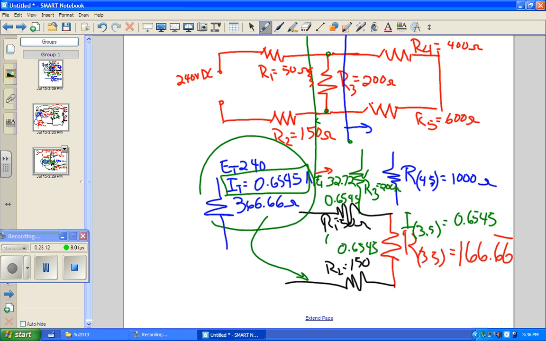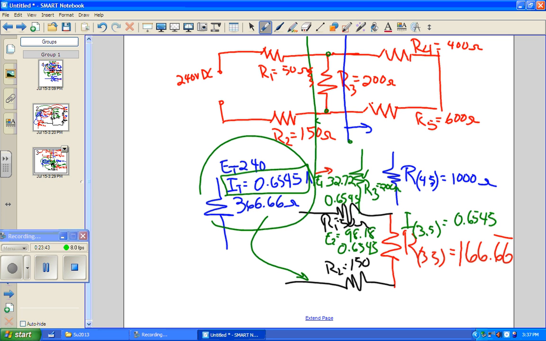And then E2 is 150 times 0.6545, what is that? Okay, so now let's look at our last simplification over here, or part of our second to last simplification, where we got R3 through 5.